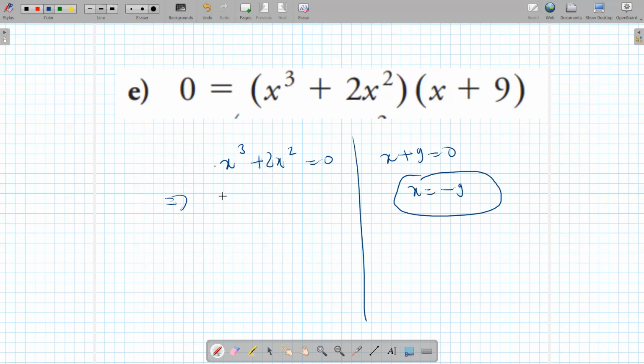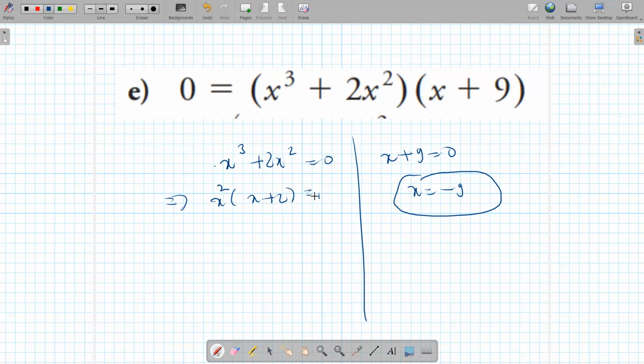Can we pull something out? An x. Right, you can pull out an x. X times, what are we left with? Actually, I can pull out more than just an x. Always pull out a GCF, which means the max things that you can pull out. X squared. Yeah, x squared. What are we left with in a bracket? x plus 2. Yes, good.